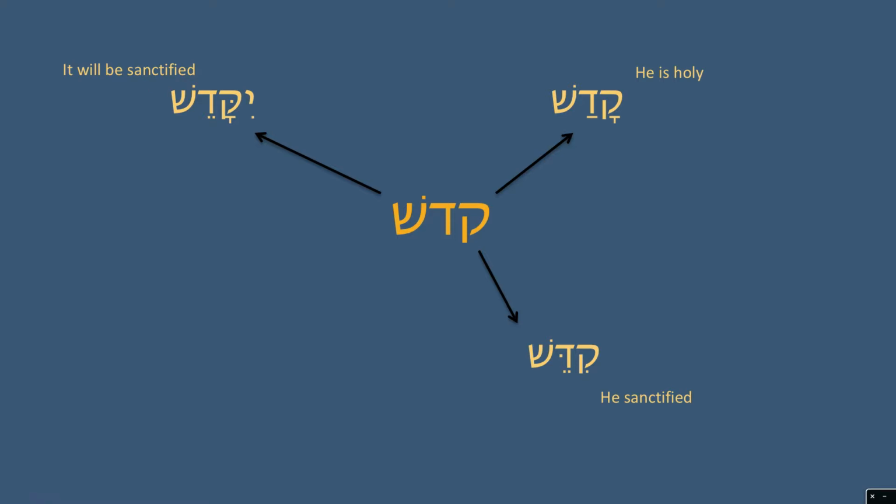So yikadesh. Again, you can see how all of these are connected, and yet by changing the vowel patterns, by putting in a prefix or putting a dagesh into one of the letters, we're modifying the sense of the word.